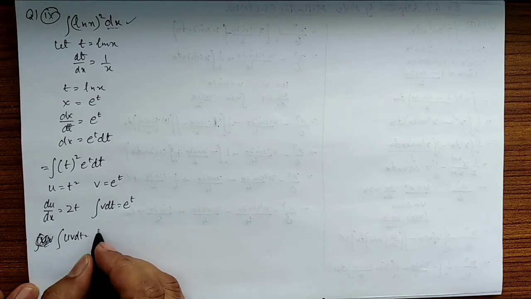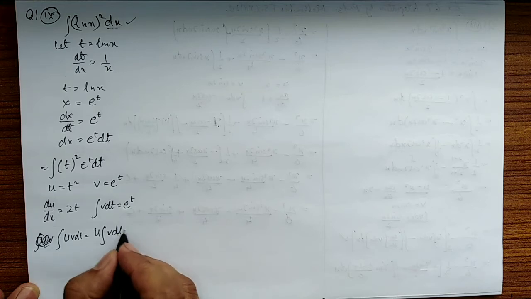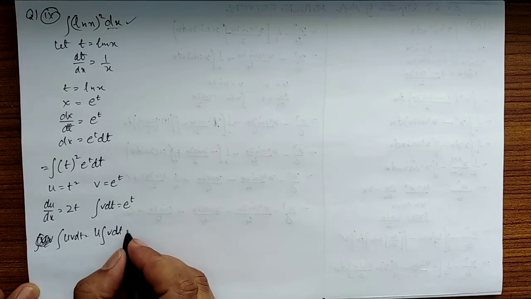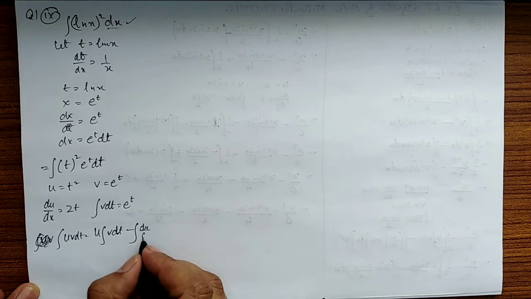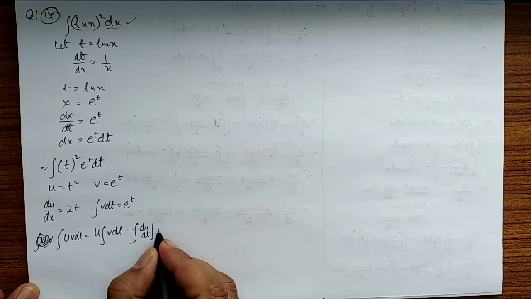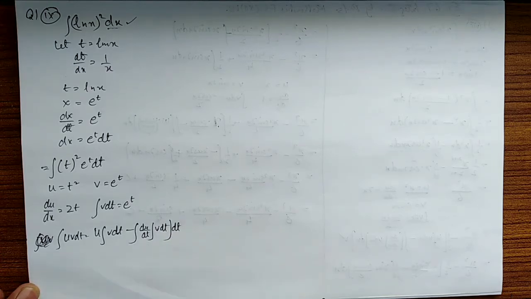dt, that will give us the formula: u into the integral of v dt, minus the integral of du upon dt times the integral of v dt. So using this formula we are going to substitute all the values.